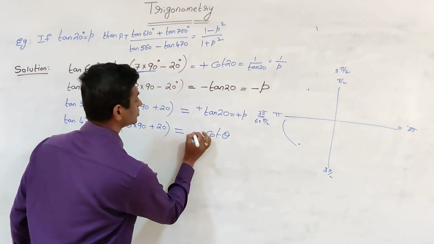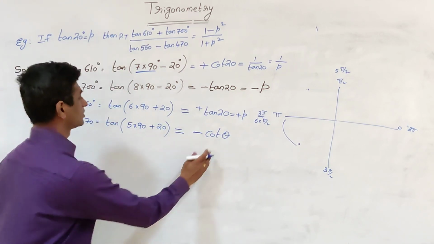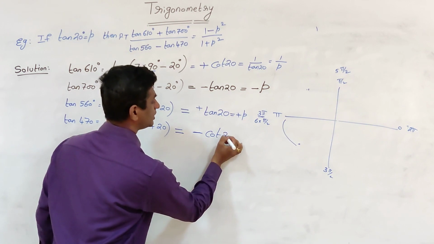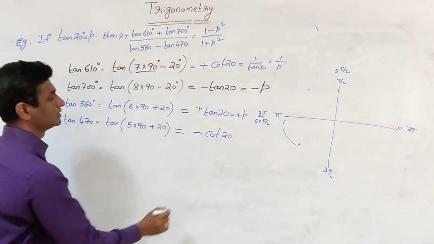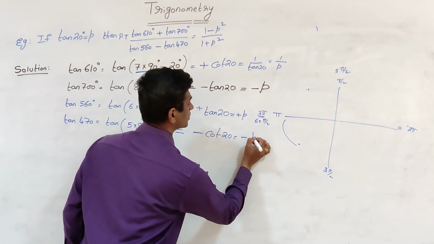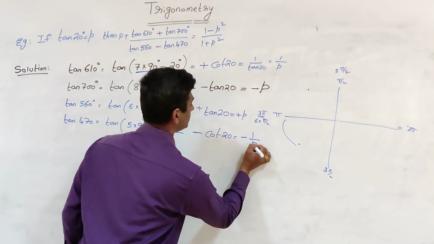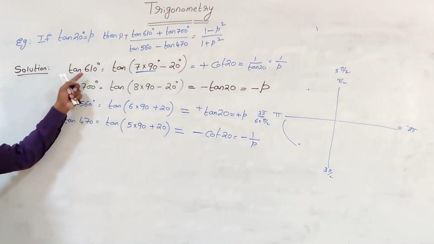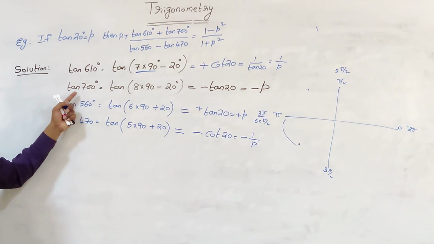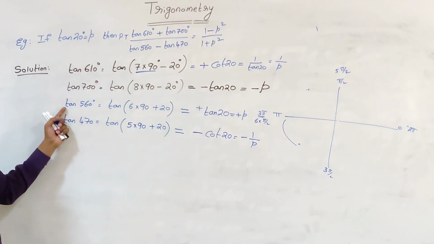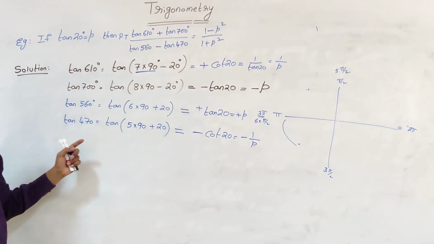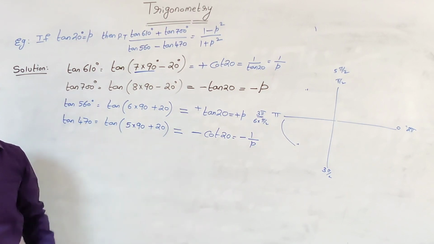So this will give minus cot theta, with theta 20 degrees, which is the reciprocal, minus 1 by p. So the value of tan 610 is 1 by p, tan 700 is minus p, tan 560 is equal to p, tan 470 is equal to minus 1 by p.